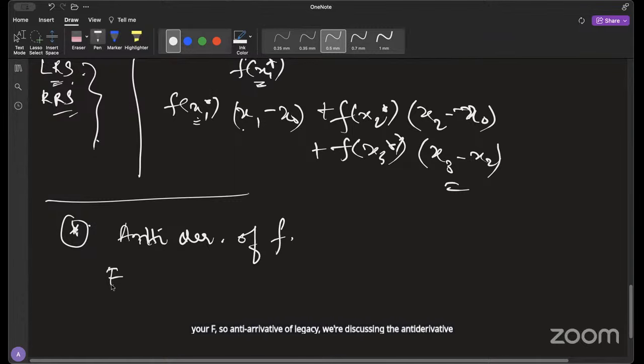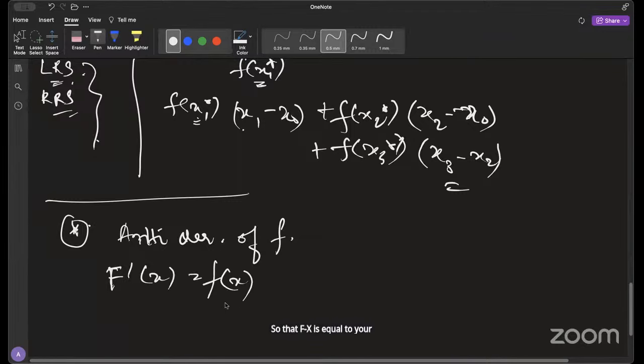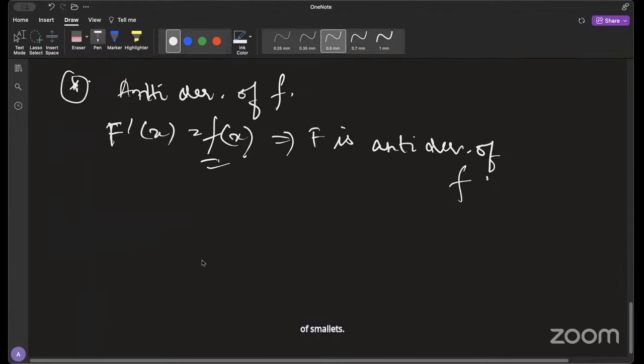It's basically a function capital F, so that F dash x is equal to your small f. This is called the antiderivative of small f. So if this happens, you say capital F is an antiderivative of small f. And then you can write this thing in an alternative manner, you can write this thing as this.